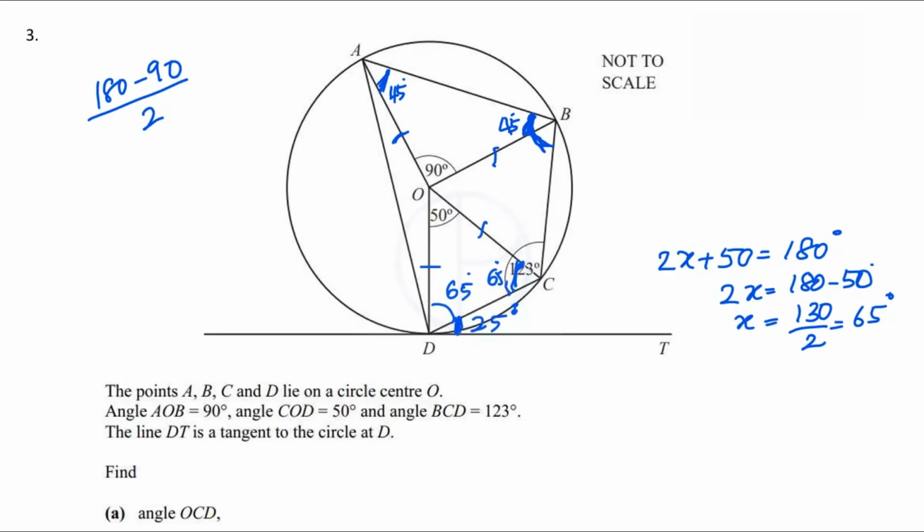So let's calculate OBC. It's given the total angle is 123, and this part is 65. So what is the value here? 123 minus 65, which is 58. So this is also 58 because this is an isosceles triangle, so these two angles are equal.